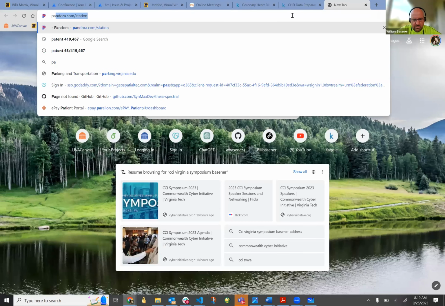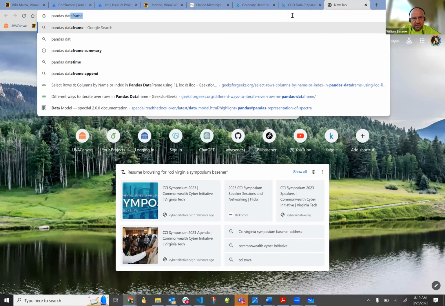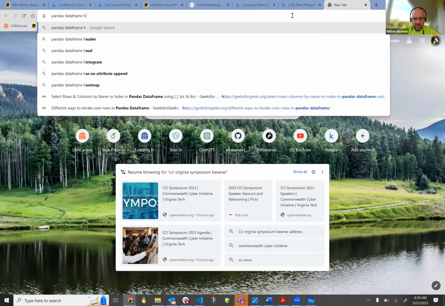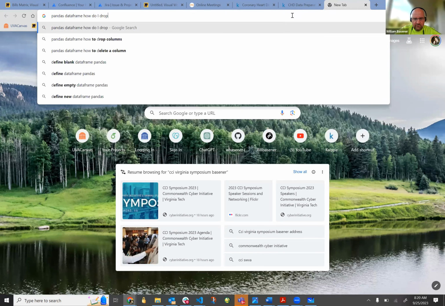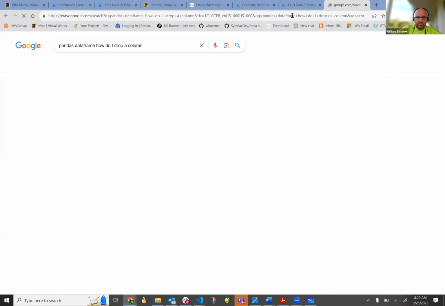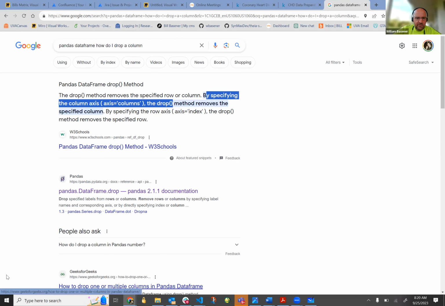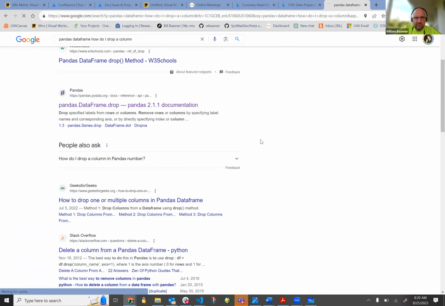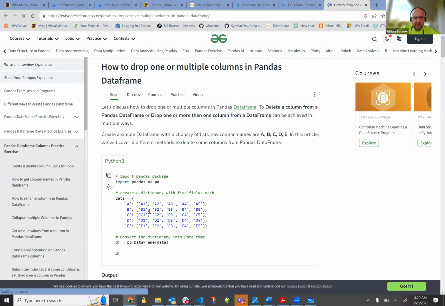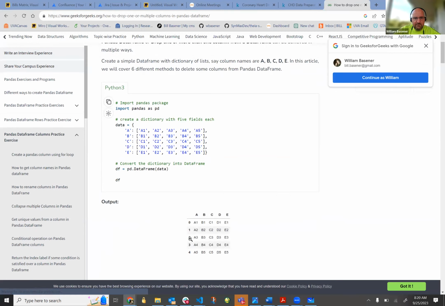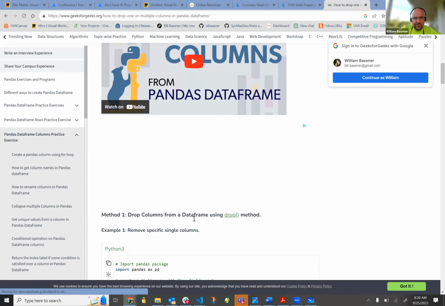You could always search pandas data frame, how do I drop a column? There's a good chance whatever comes up at the top is going to help you. I really like W3Schools and GeeksforGeeks. GeeksforGeeks tends to give you a very concise answer. They set up the data frame in their example. They give a really nice example.